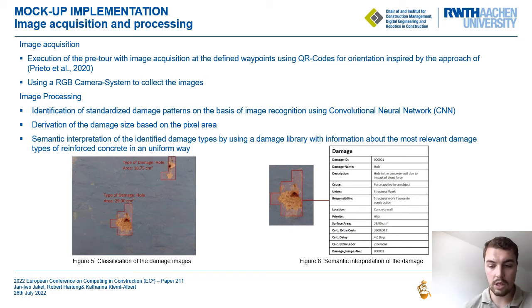In this case, we trained our AI algorithm to identify holes. Here we did a small mockup, a small prototype, where we identified and recognized damage holes in the wall of the bridge.